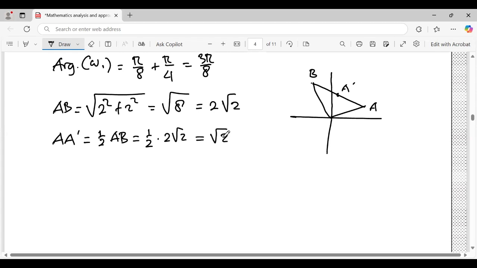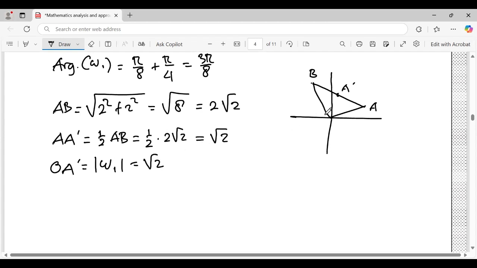And OA accent equals the modulus of w1, which is square root 2 as well.